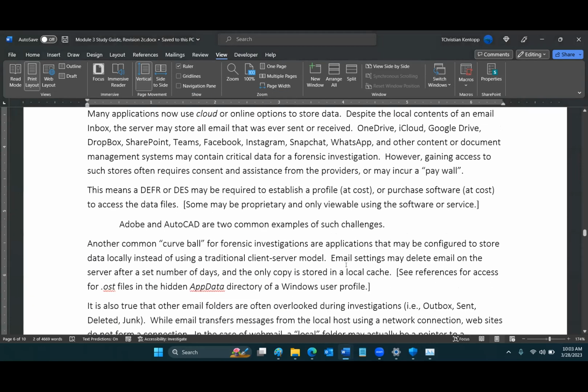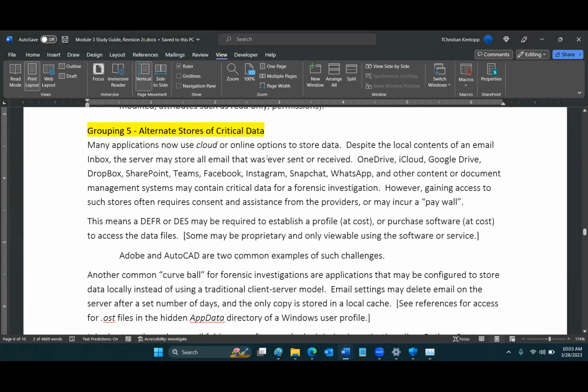But the whole alternate stores of critical data also include things like external hard drives that are disconnected, USB thumb drives, network stores that are not engaged, right? You don't have an active map when you're logged in.